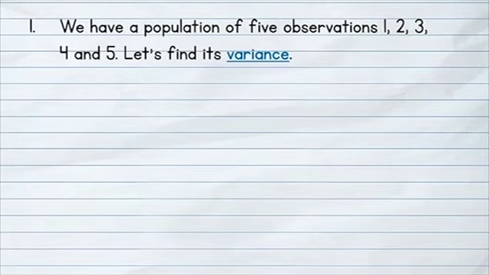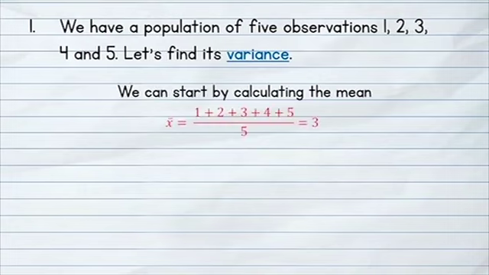For example, we have a population of 5 observations: 1, 2, 3, 4, and 5. Let's find its variance. The first step, we start by calculating the mean. 1 plus 2 plus 3 plus 4 plus 5 divided by the total number of observations, which is 5. And the value of the mean is 3.